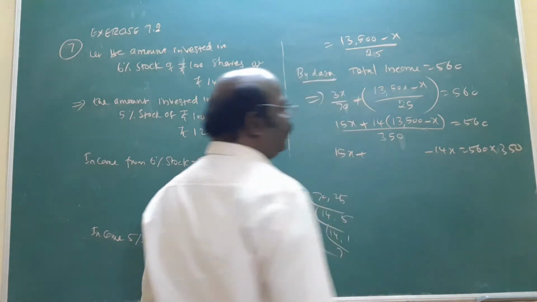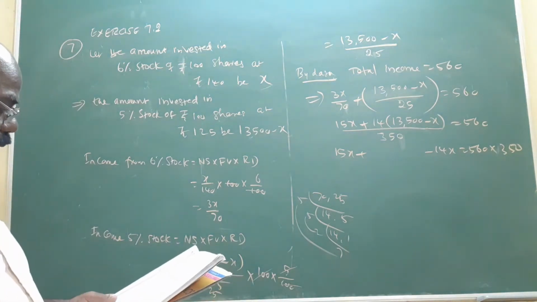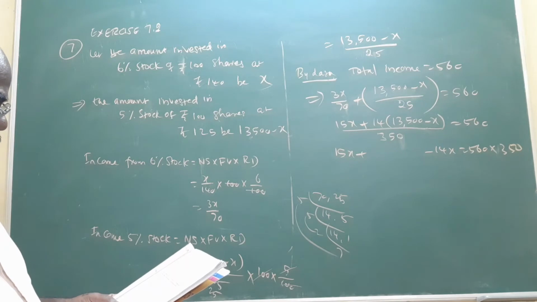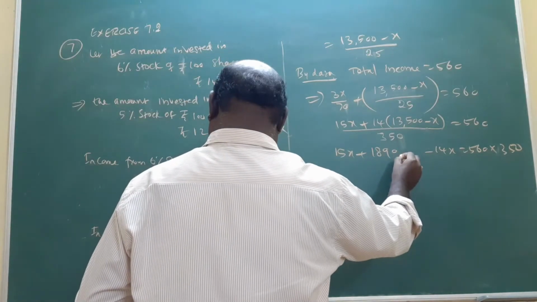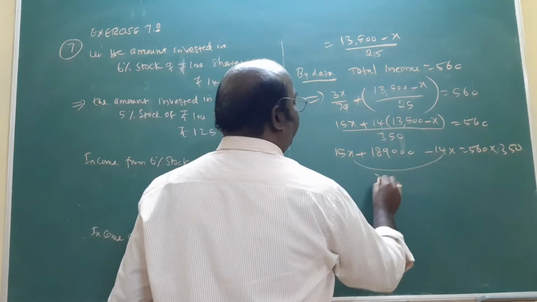Am I right? Now multiply this number using the calculator. We get the answer 18900. Check the answer.